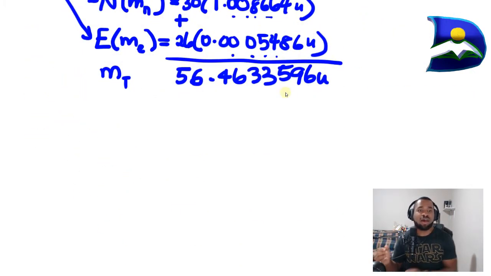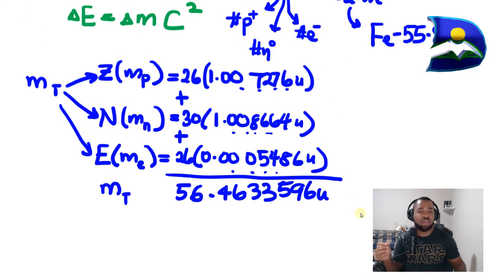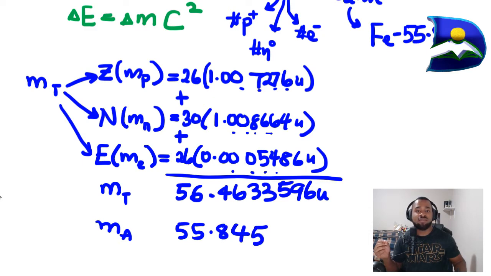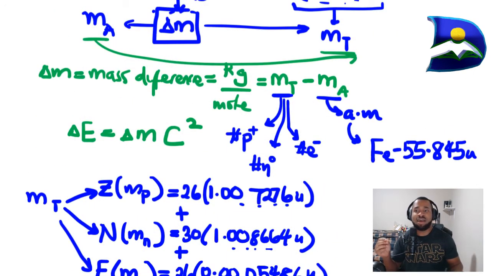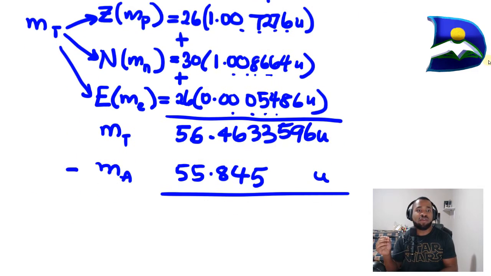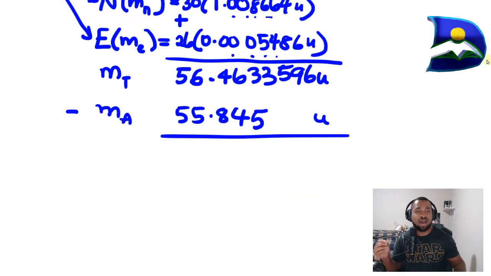So we know, of course, that our atomic mass unit of our iron, represented as MA, is equal to 55.845 U. These will be subtracted from each other for us to determine our mass difference, which is represented as change in M. So once we have this taken care of, we know that our change in M is equal to around 0.61836 U.